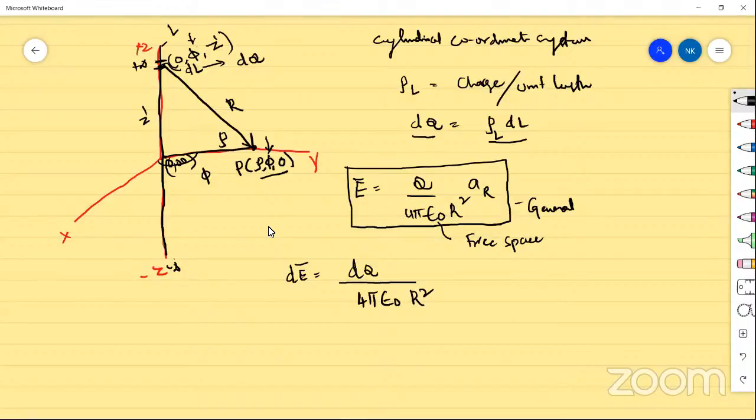So the direction, the unit vector is AR. So how do you get it? R bar by mod R bar. So ultimately dE bar is dq by 4 pi epsilon naught R cube times R bar.